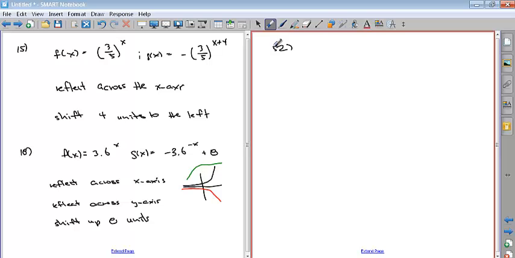Okay, next one is 52. So these are word problems. A deposit of $5,000 is made in a trust fund that pays 7.5% interest compounded continuously. It is specified that the balance will be given to the college from which the donor graduated after the money has earned interest for 50 years. How much will the college receive? Okay.